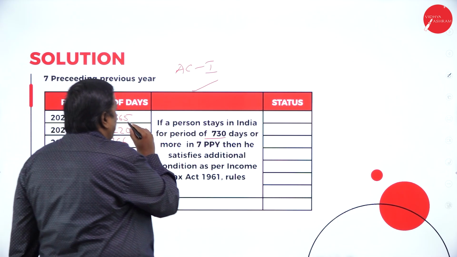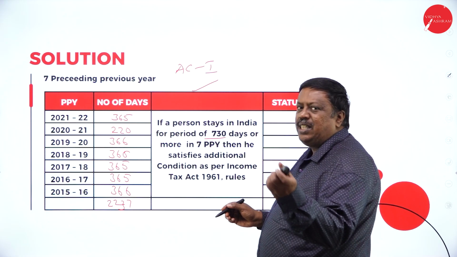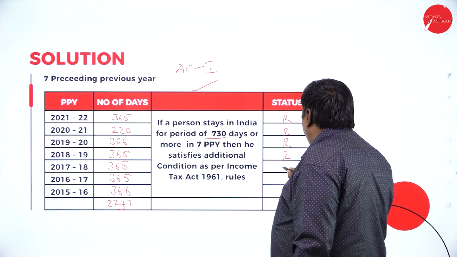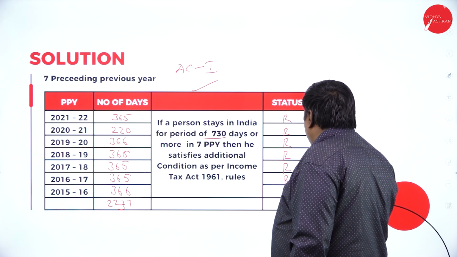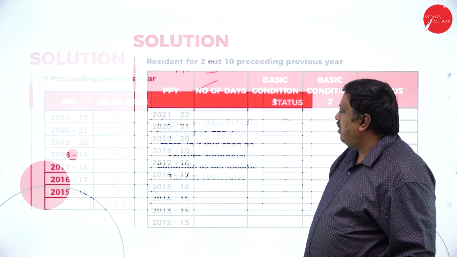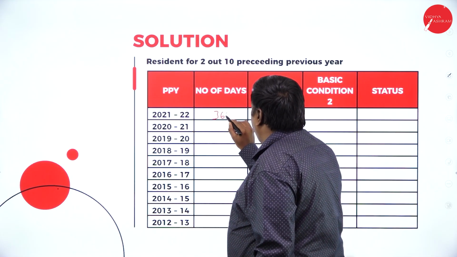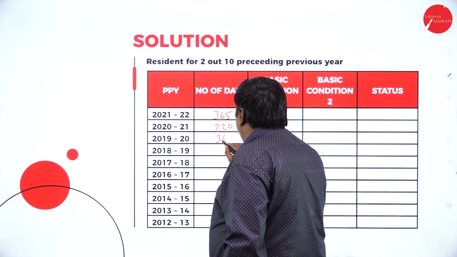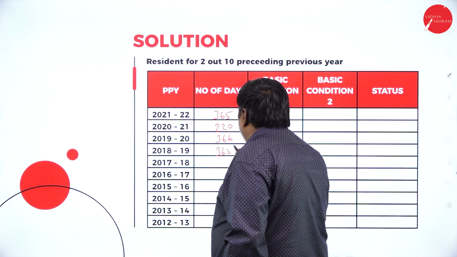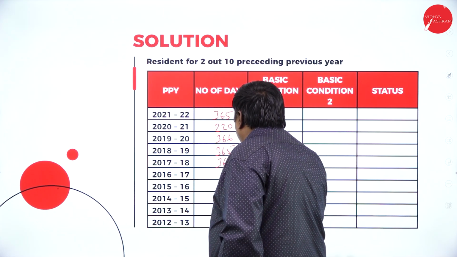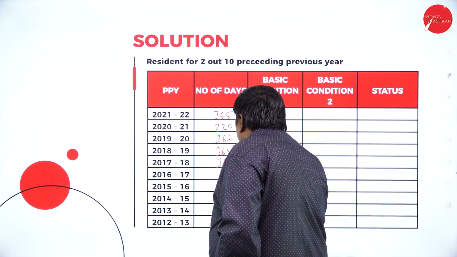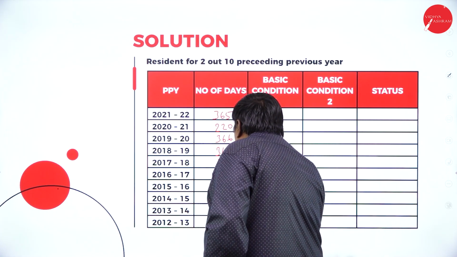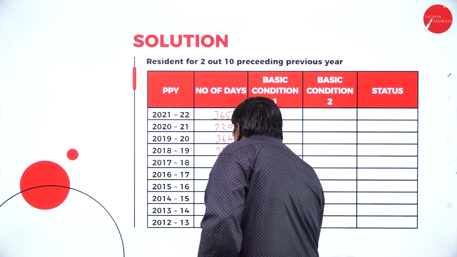So for 365 days I was in India, which means I've satisfied both the basic conditions: resident, resident, resident. In all the 7 preceding previous years, my status was resident. Number of days I was in India: 365 days, 220 days, 366 days, 365 days, 365 days, 365 days, 366 days, 365 days, 365 days, 365.